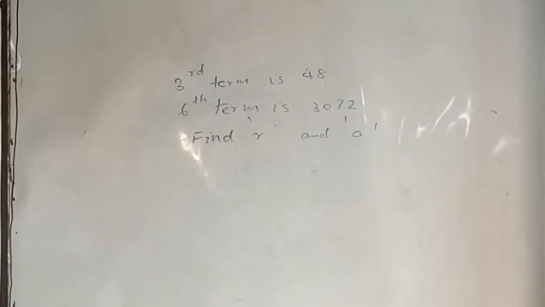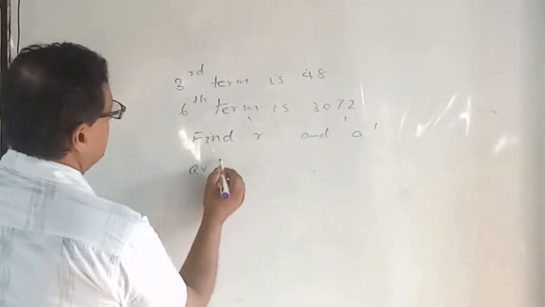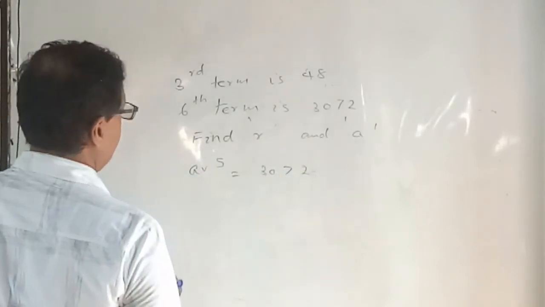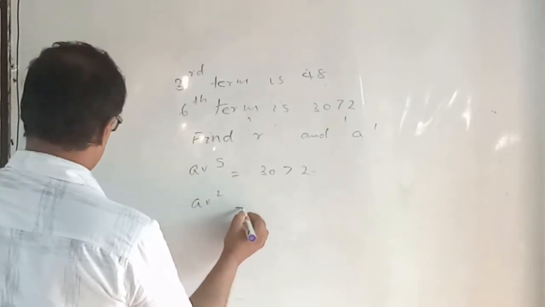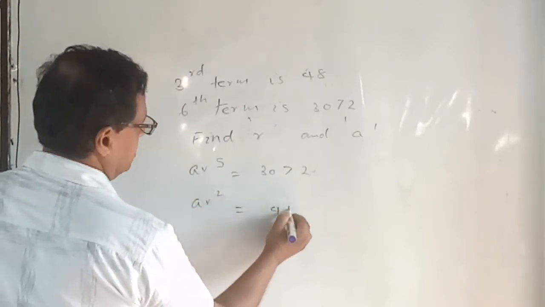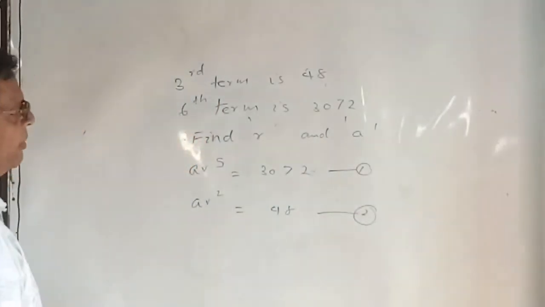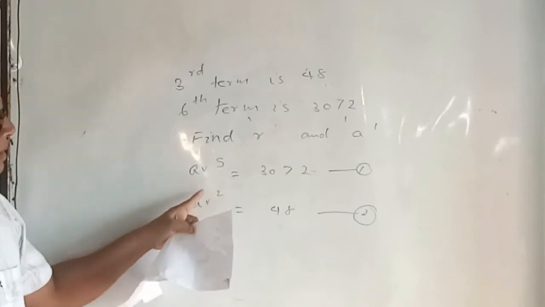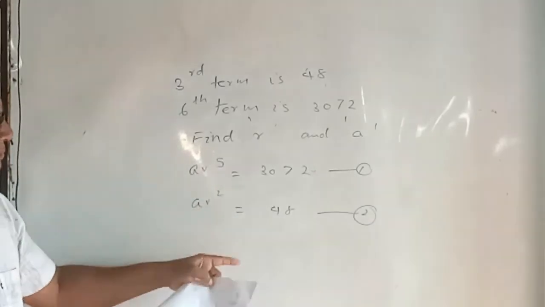Let us form the two equations. ar to the power 5 is 3072. Then the third term is ar squared, that is 48. Equation number 1, equation number 2. Here you can observe that if you divide r to the power 5 by r squared, there will be r cubed.